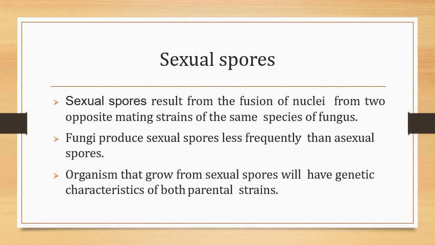Sexual spores result from the fusion of nuclei from two opposite mating strains of the same species of the fungus. Sexual spores are produced less frequently than the asexual spores, and the organisms that grow from sexual spores will have genetic characteristics of both parents.